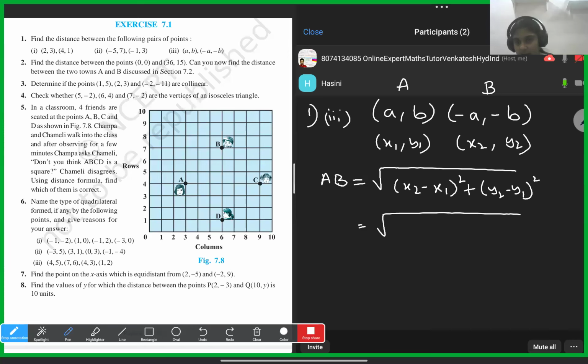Minus a plus a whole square. Yes, Hasni, x2 is minus a. Then x1... Now I have to write here plus a or minus a, Hasni?